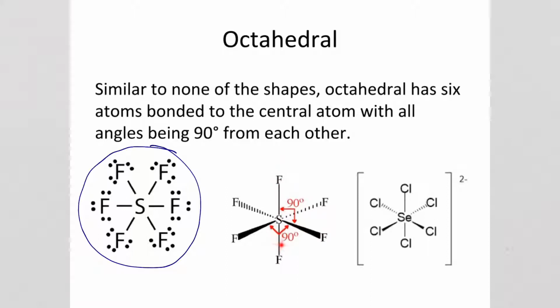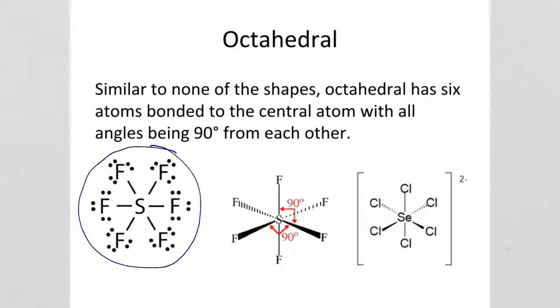These are all in the same plane, almost like a linear, and we have two going back and two coming towards you. Also shown is the selenium hexachloride 2- ion, with two coming towards you, two going back, all of these in the same line.